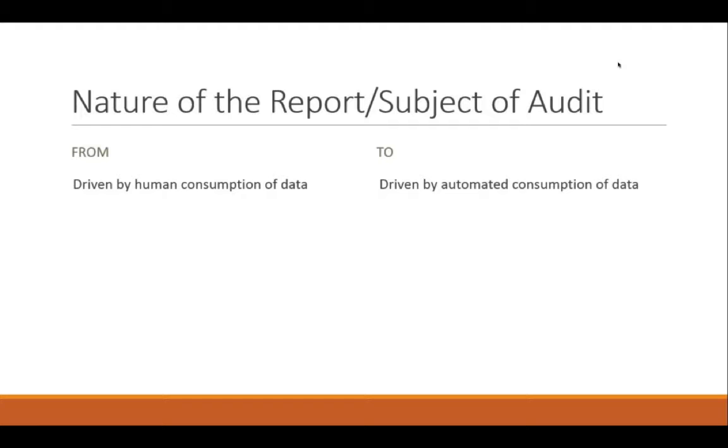Now we can see how XBRL changed the current audit. For example, the nature of current reporting and the current audit has changed. Before, the financial statement reports were consumed by a human, while currently, because we have all this tagged text, the report can be easily generated automatically.